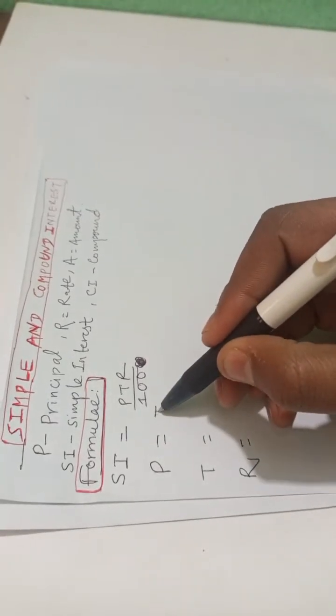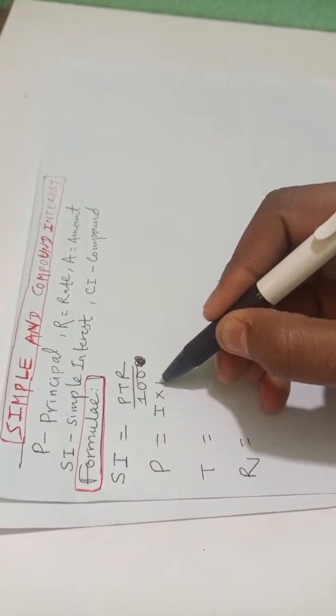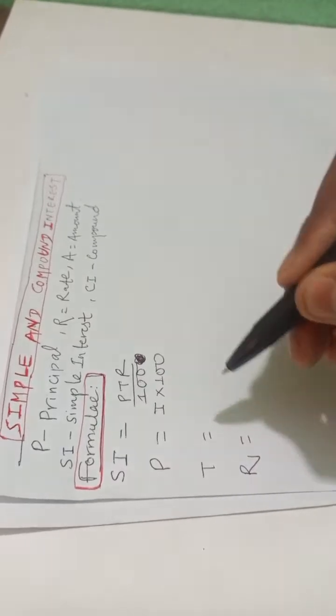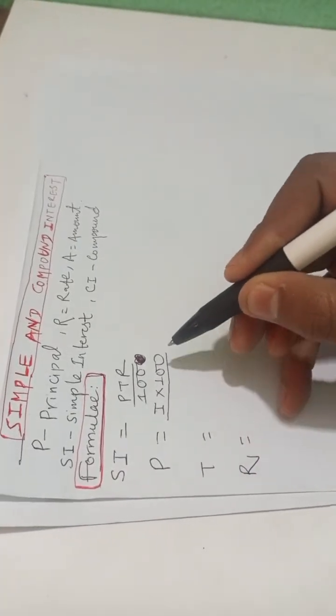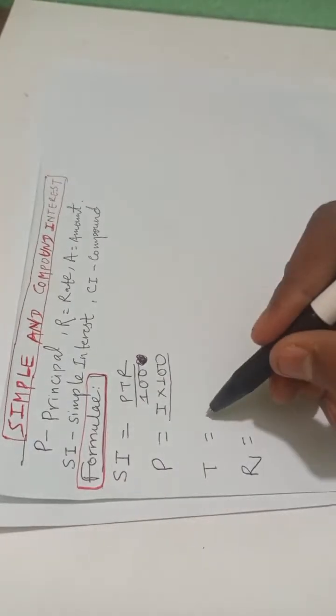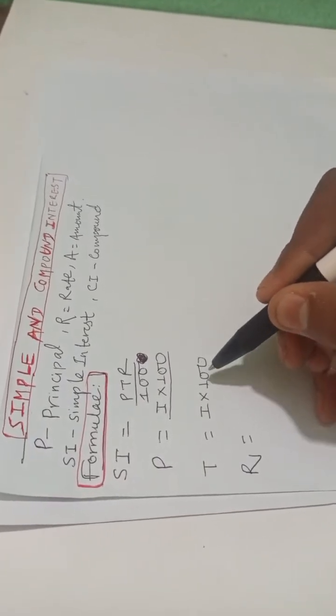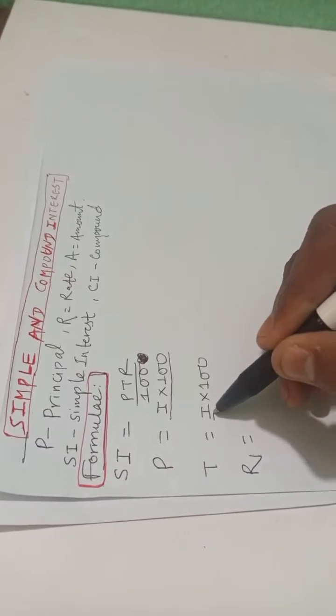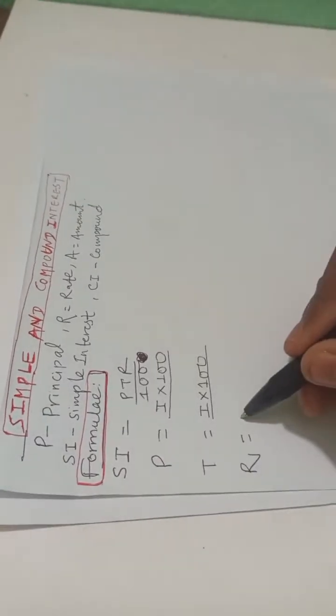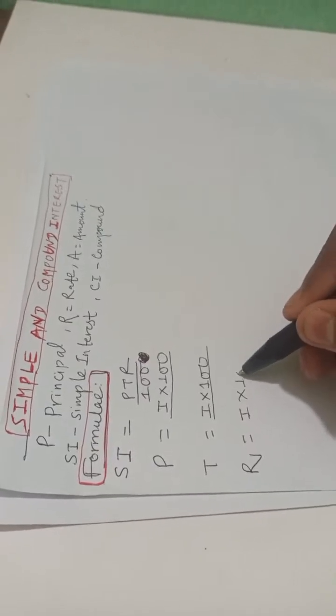First, I will write I into 100, divide like this. For time also, I into 100. For rate also, I into 100.